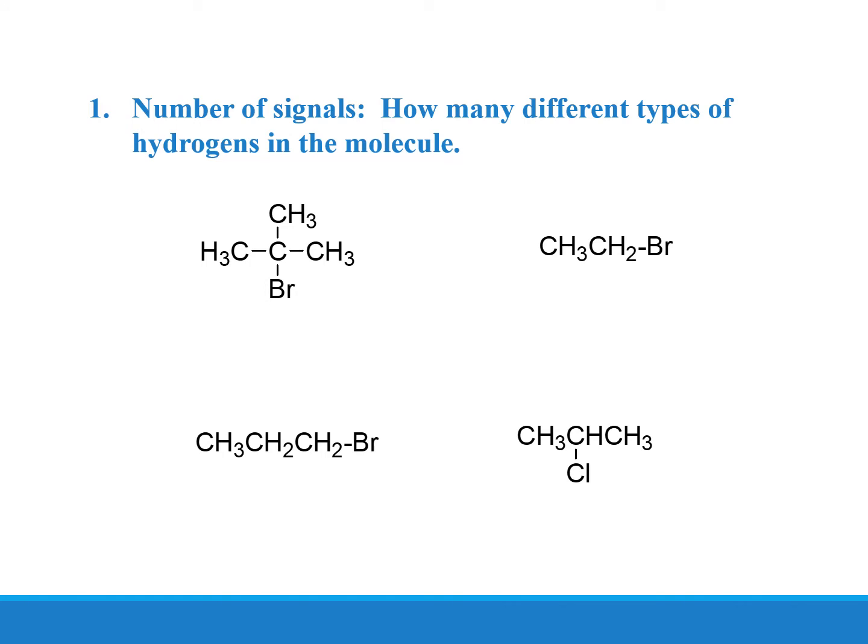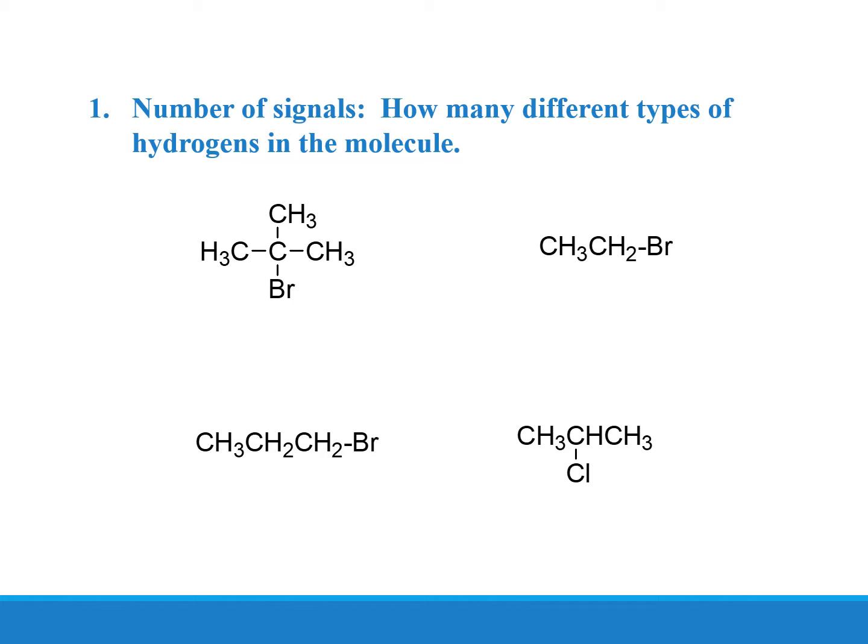Similarly, you can see in these structures, this is tert-butyl bromide, and the middle carbon has no hydrogen, so it will not have any signal in proton NMR.